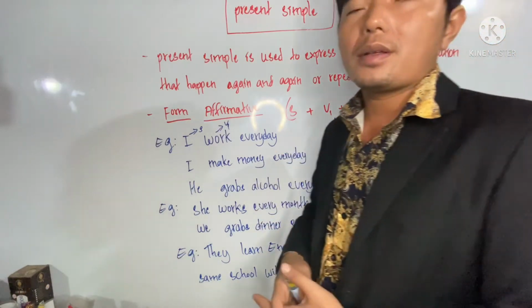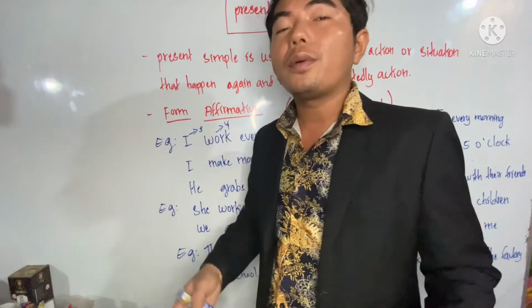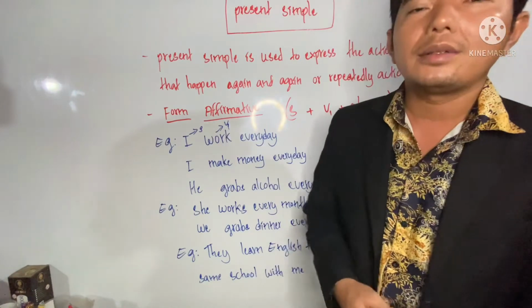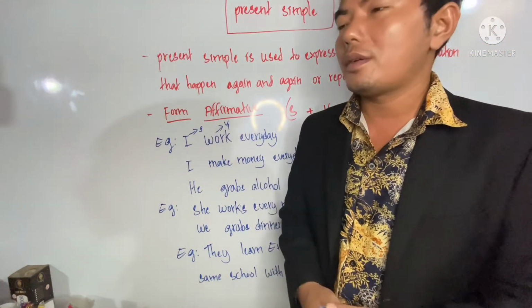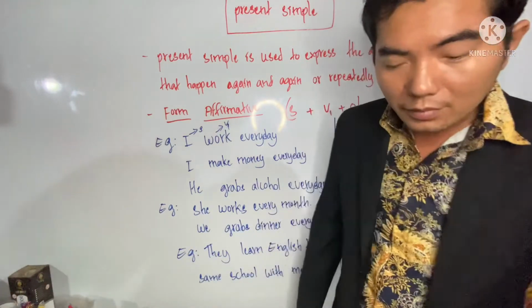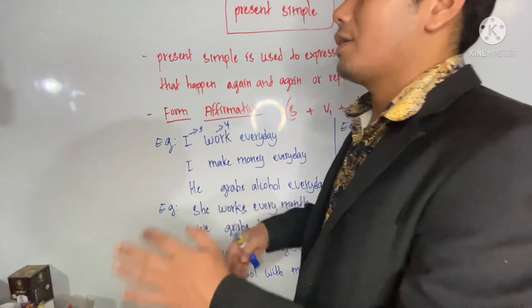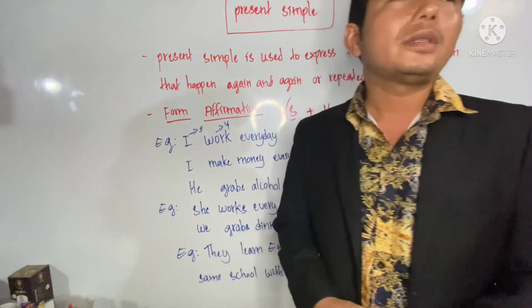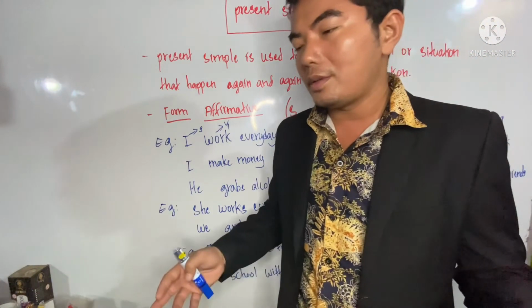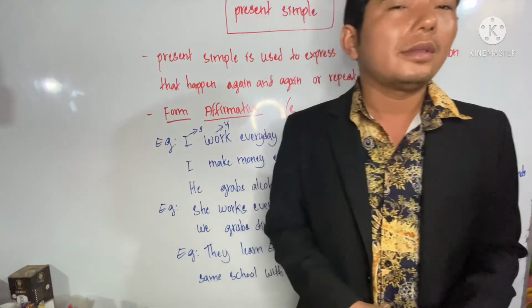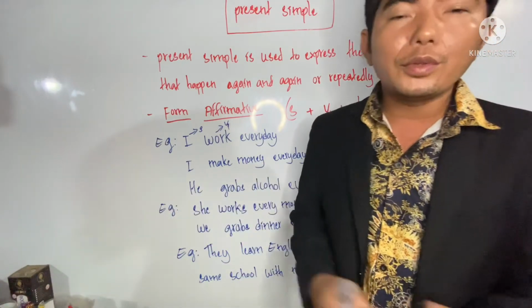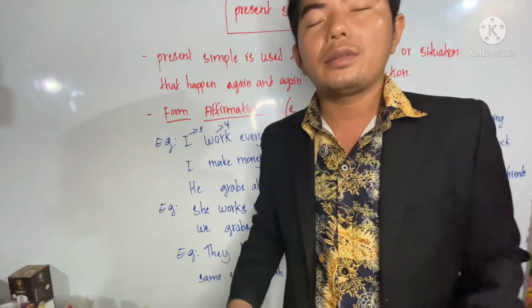It's not difficult for you. It's very easy to understand, or easy to know about it. Again and again in your lifetime, your action happens again and again, and you do it again and again.